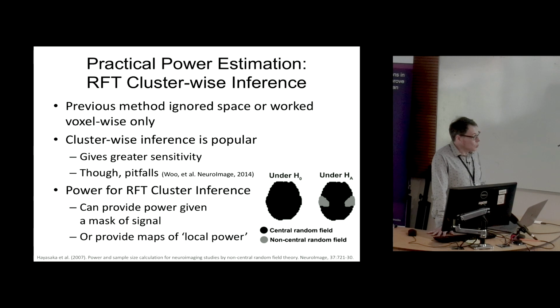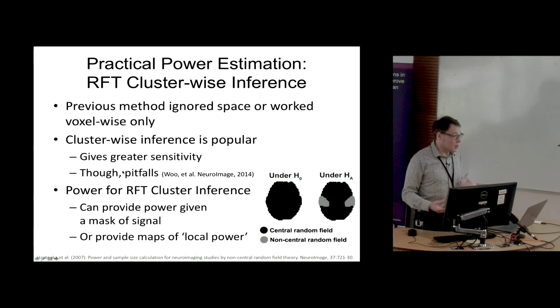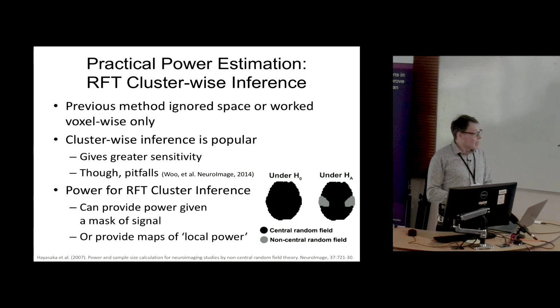What you may not appreciate is that random field theory, which gives us our p-values in SPM and FSL, is entirely based on the null hypothesis. It's a beautiful mathematical theory for mean 0, variance 1 fields. So he worked out the results for what happens if you don't have a central field, but a non-central field, not everywhere, but say, for example, in some pre-specified regions.